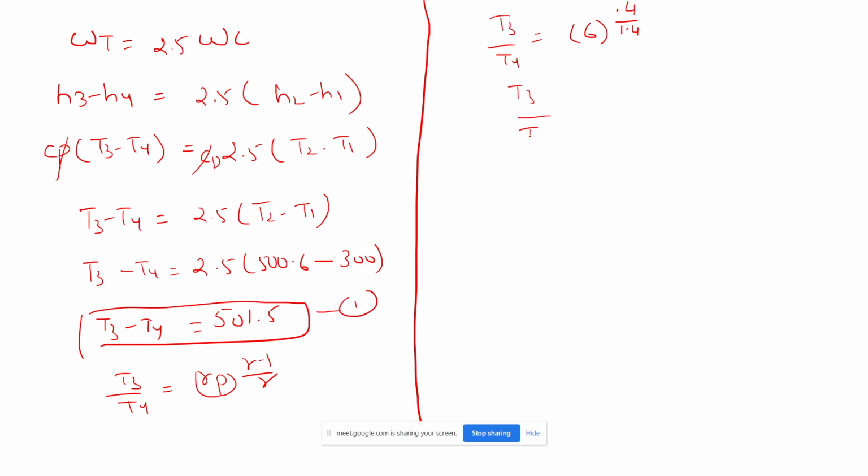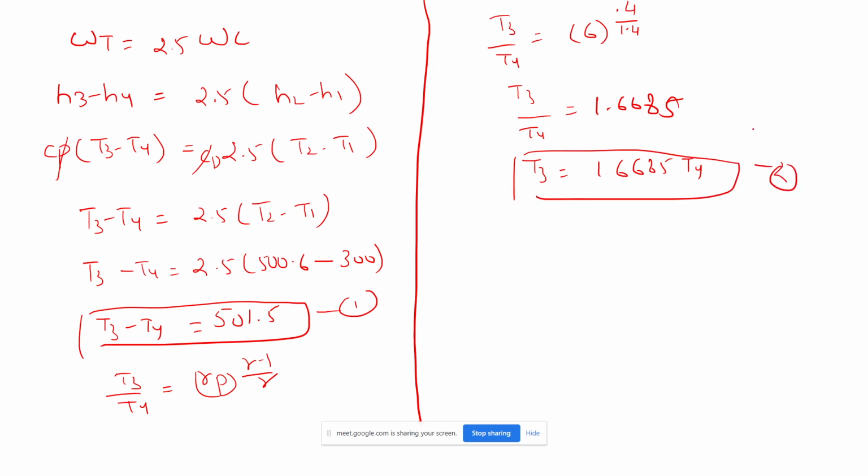What can we get from here? 1.6685. So T3 we can write as 1.6685 into T4.